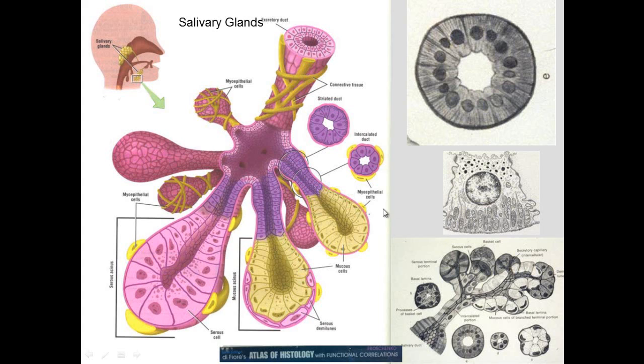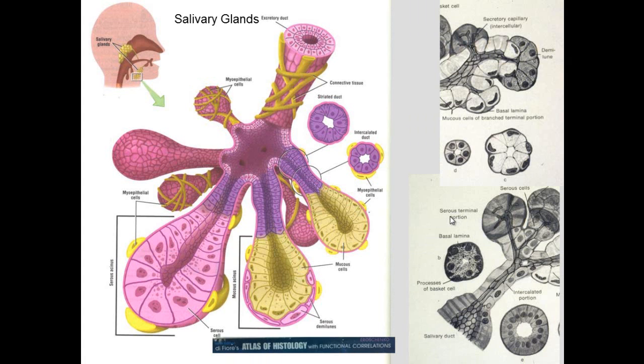So the striations that we're seeing are really the mitochondria that are lined up because the plasma membrane has enfolded in through there, and the purpose of that is to increase the surface area to pump out the electrolytes. It pumps out the salts, leaving the liquid in through there to make a hypotonic solution.